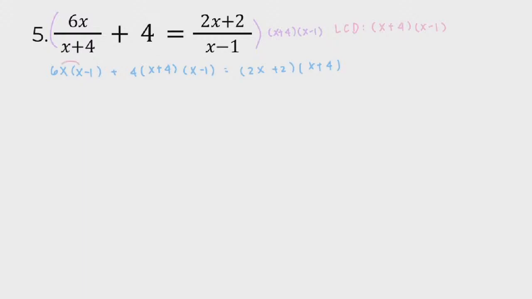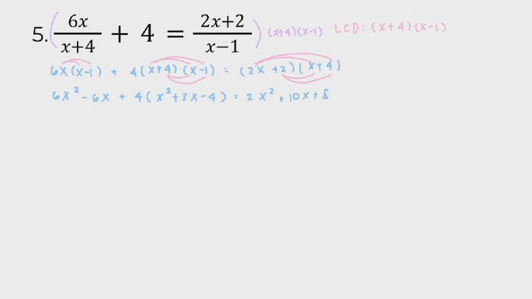Next we're going to multiply, or distribute. So we get 6x squared minus 6x plus 4 times x squared plus 3x minus 4 equals 2x squared plus 10x plus 8.